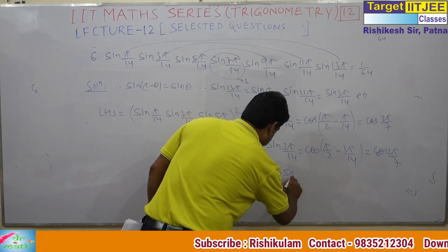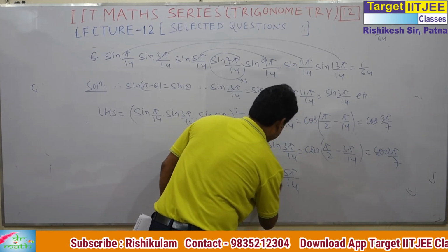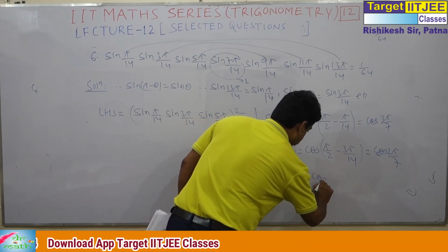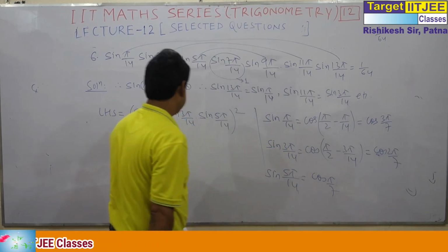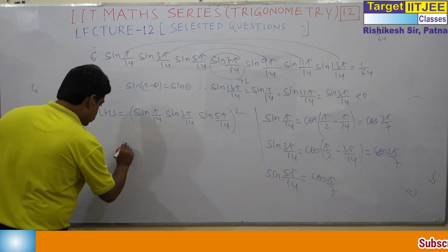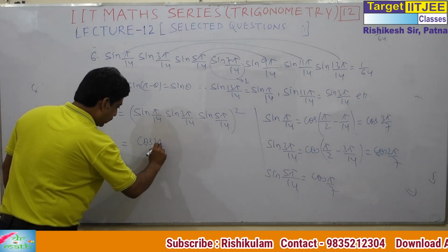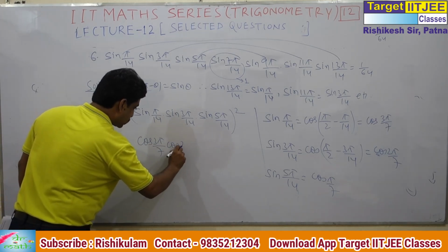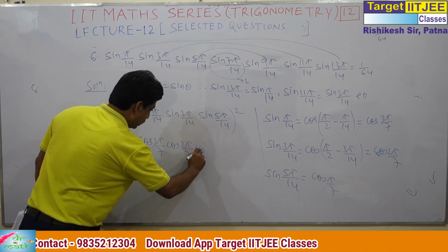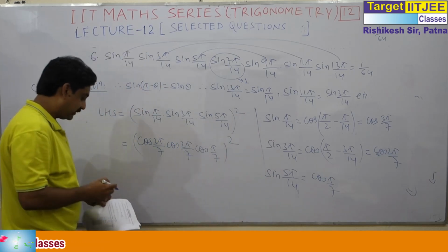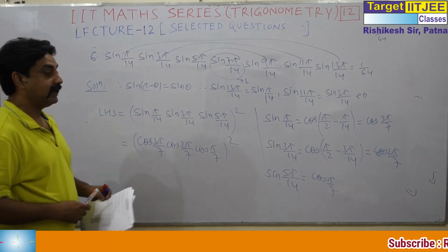Now you can do sin, this will be cos pi by 7. So this question changed to cos 3 pi by 7, cos 2 pi by 7, cos pi by 7. Just see and conceive the idea. Oh, ये करना था. It's ideas.